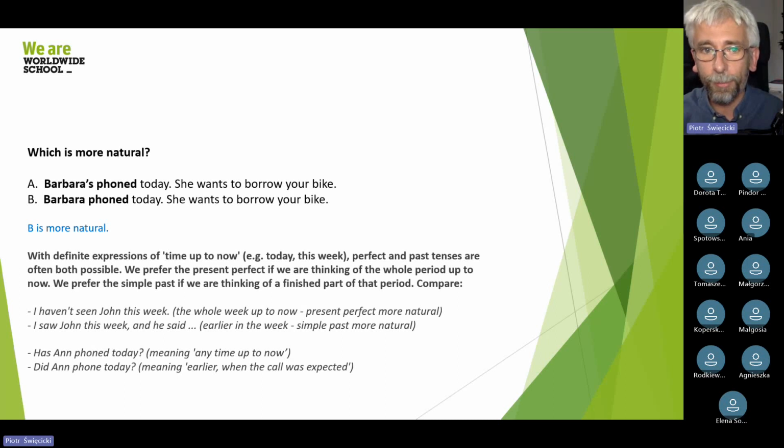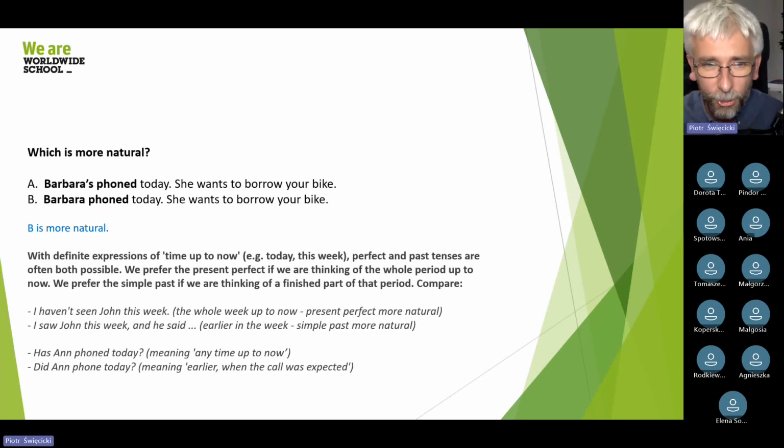And we prefer the simple past if we are thinking about a finished part of that period, right? The whole period, it's not a closed period, it's not about the past. This is past. This is the whole period up to now, so it's not finished. And if we talk about a finished part of that period, simple past.